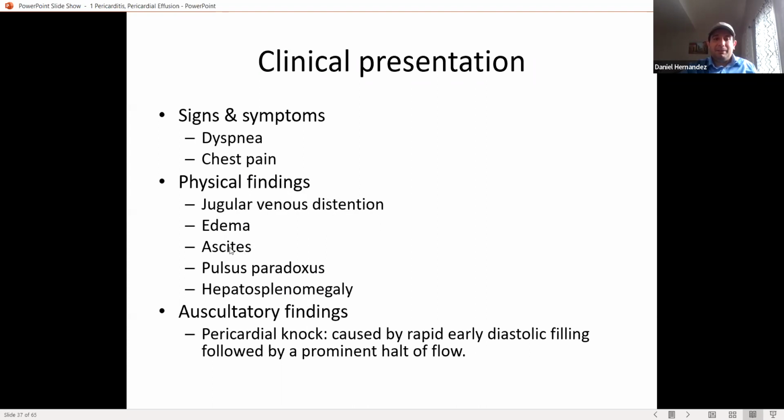We may also see edema and ascites in patients. There is a unique heart sound associated with constrictive pericarditis called a pericardial knock. This is caused by early rapid diastolic filling, followed by a prominent halt to flow.